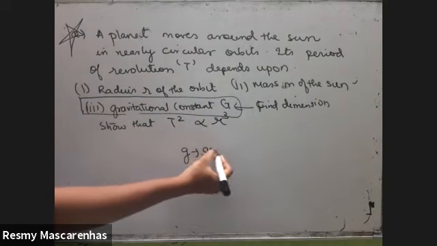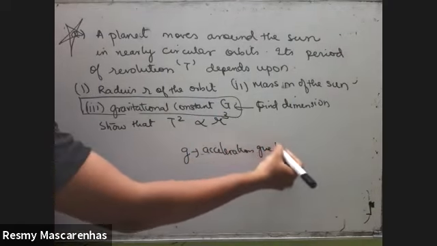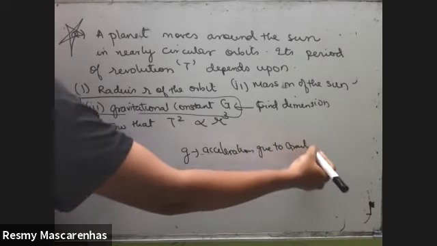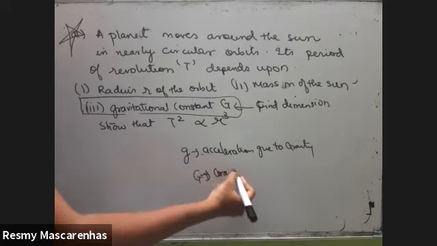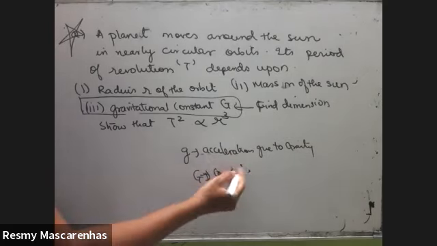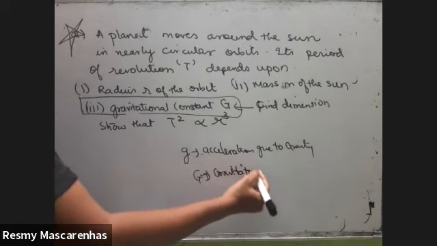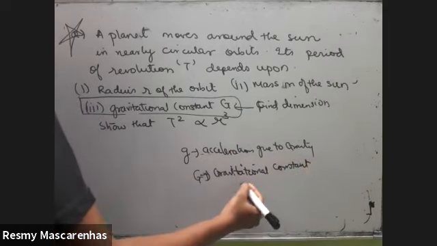Understand the difference: g is acceleration due to gravity, and this G is called the gravitational constant. Even the word says, it is a gravitational constant. It has dimensions.